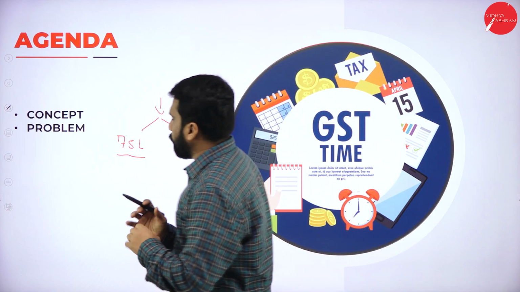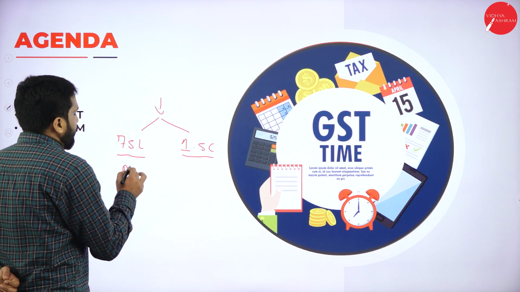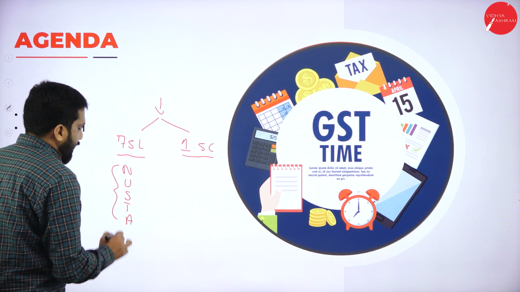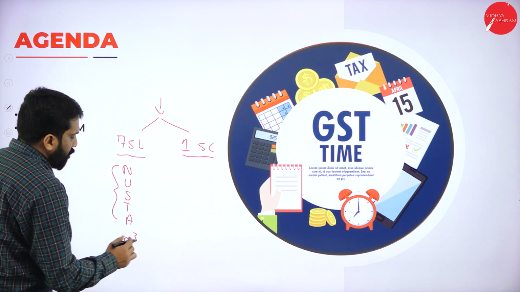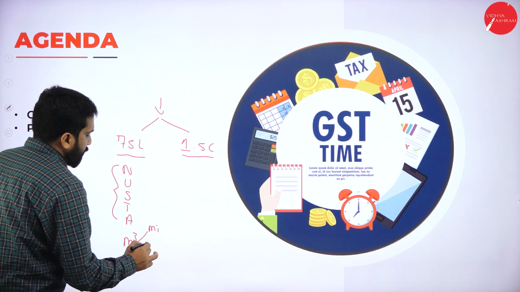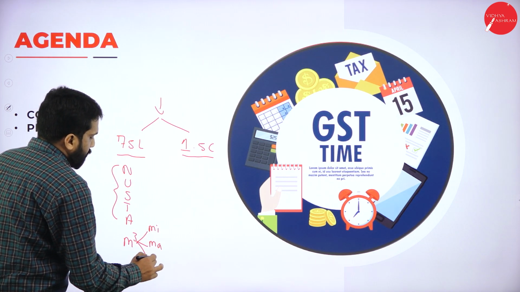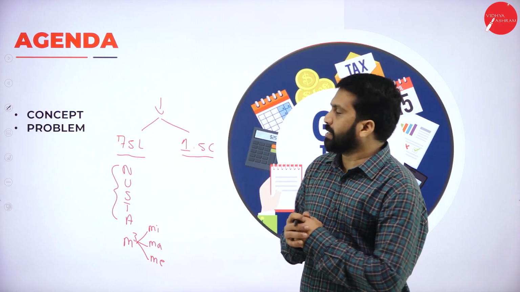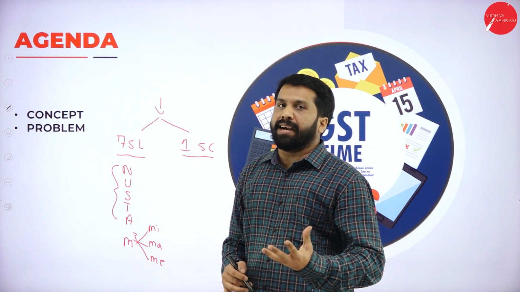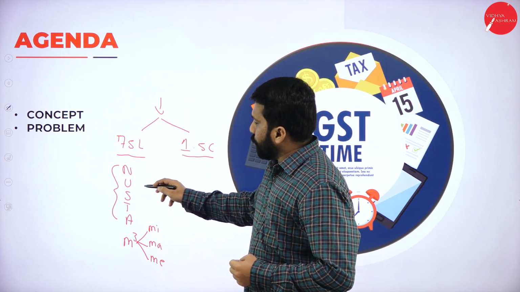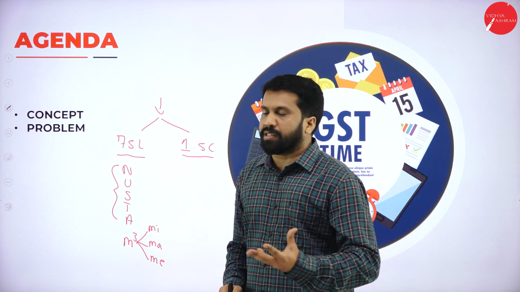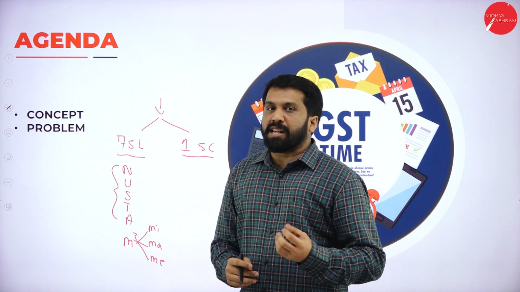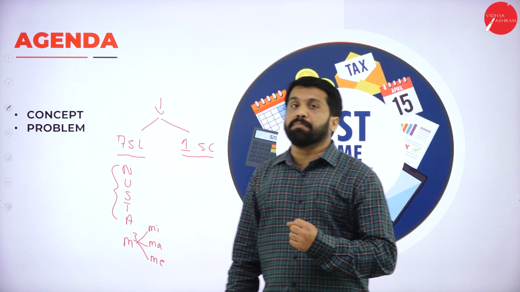Very simple. There are a few places like N, U, S, T, A. Remember this. And M cube. M cube in the sense Mizoram, Manipur, Meghalaya. There are a few places. The places are N for Nagaland, U for Uttarakhand, S for Sikkim, T for Tripura, A for Arunachal Pradesh.